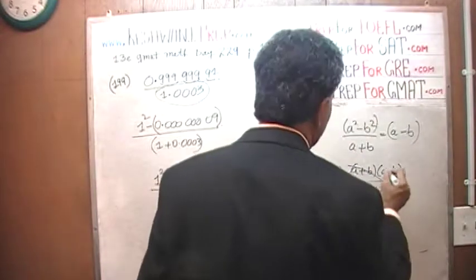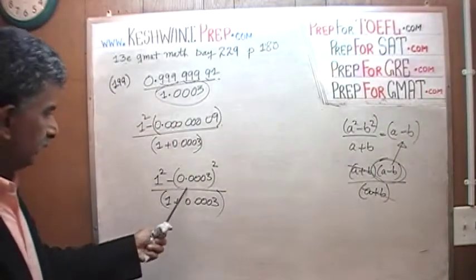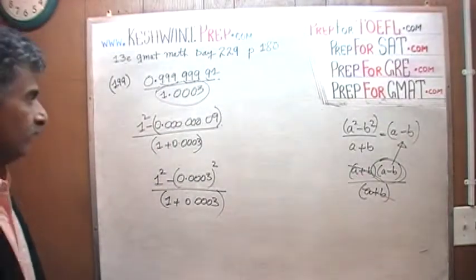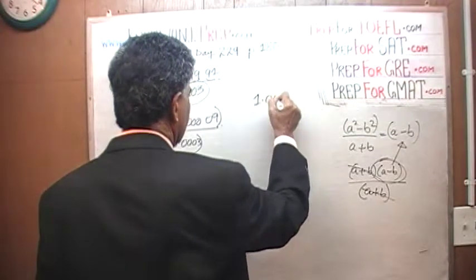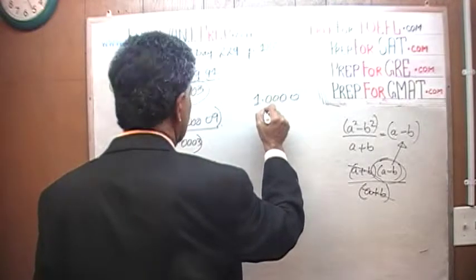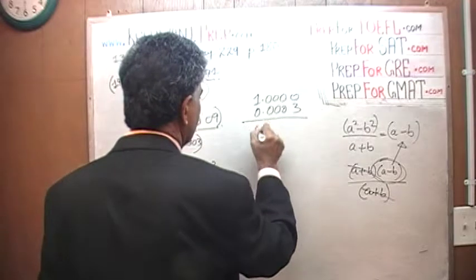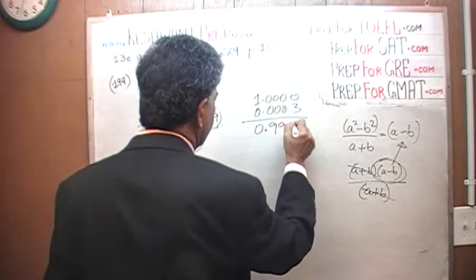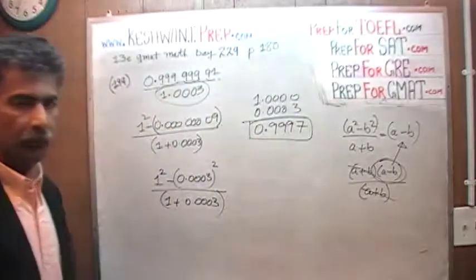It's going to drop out and you're going to end up with a minus b. Your a is 1, your b is 0.0003. So a minus b is going to be 1 minus 0.0003, which is going to give you 0.9997. Voila. We are almost there.